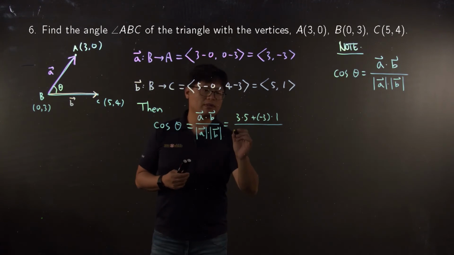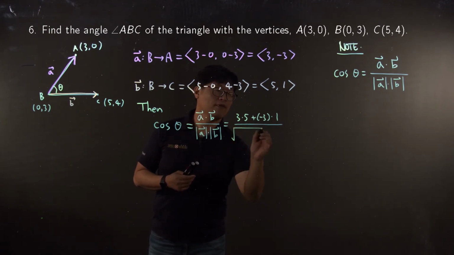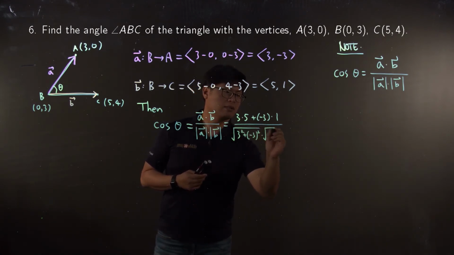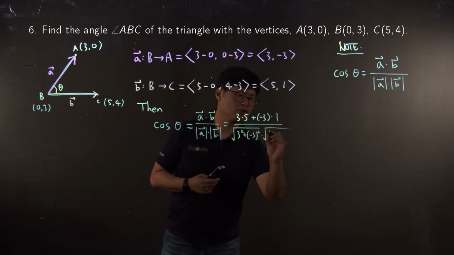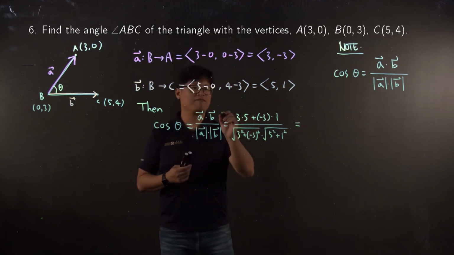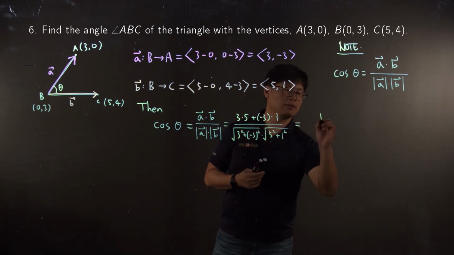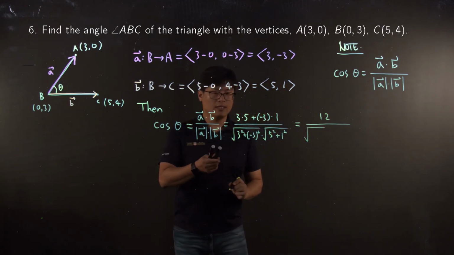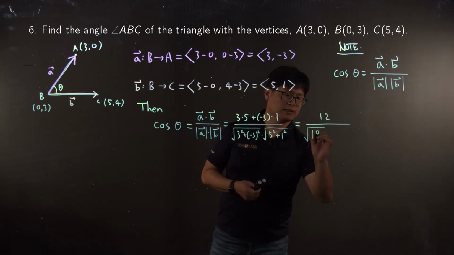The denominator is the length of each vector: the square root of 3 squared plus -3 squared, times the length of B, which is the square root of 5 squared plus 1 squared. Almost there. 3 times 5 is 15, minus 3 is 12, over the square root of 18.